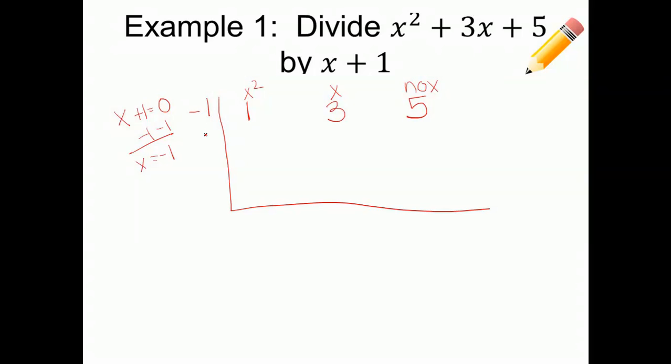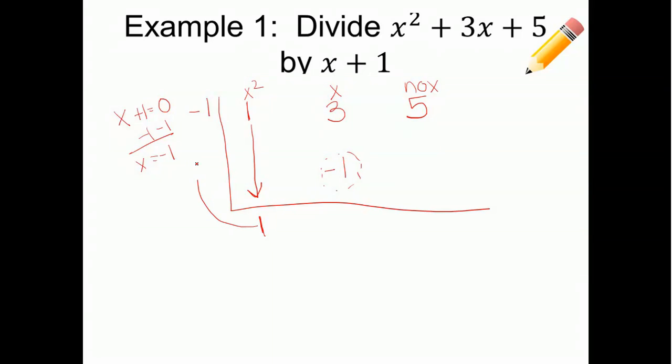So now, here's how you're actually going to follow your synthetic division. It's a little confusing, but I know you can do it. Your first job is to take this 1 and drop it down. You're always going to drop the first number down to here. Then to get this term right here, you're going to multiply. So we go 1 times whatever's out here, 1 times negative 1, that is negative 1.